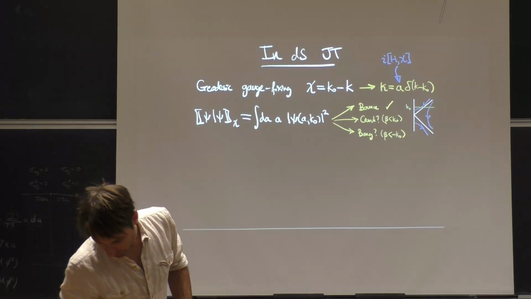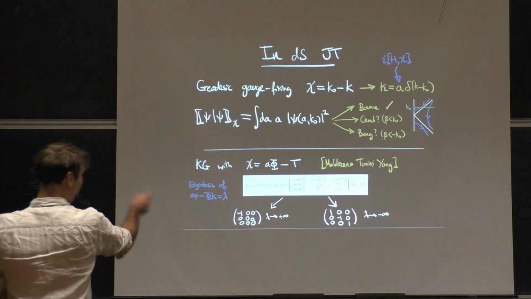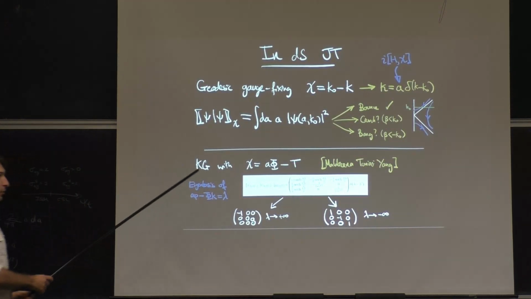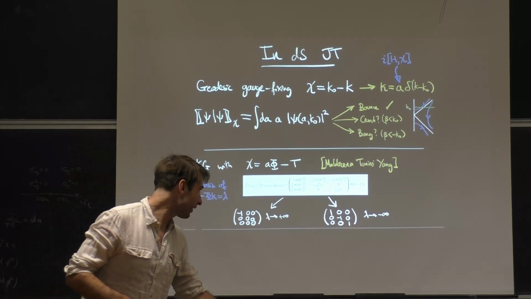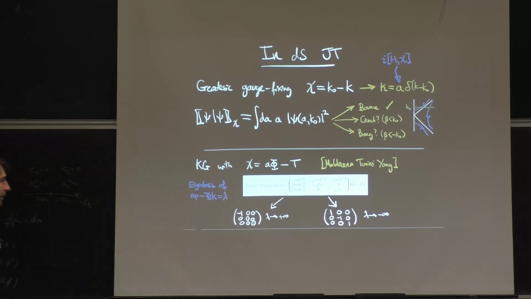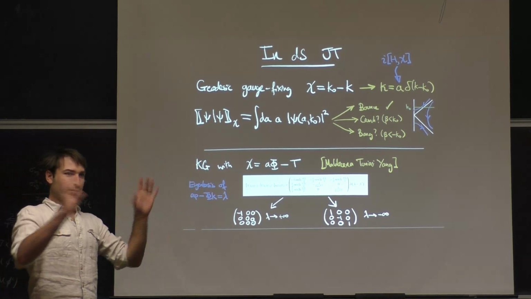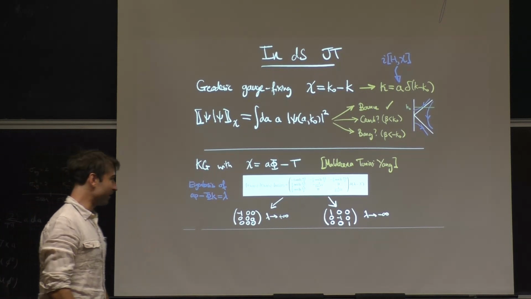The last comment I'll make about this is that we also reanalyzed the traditional Klein-Gordon inner product, which was used in various papers, including this first one by Maldacena, Turiaci and Yang. You can evaluate this explicitly in some basis, and you get something that looks kind of like a mess, non-perturbatively.